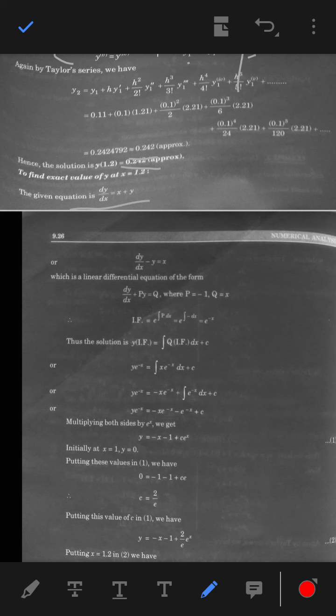So we take y on the left hand side, so the equation becomes dy/dx - y = x, and we compare this with dy/dx + Py = Q, which is a linear differential equation, where P and Q must be functions of x. We see here the value of P is -1 and the value of Q is x. So these are functions of x, and this is a linear differential equation which satisfies the given conditions.